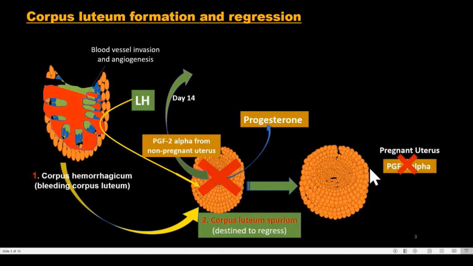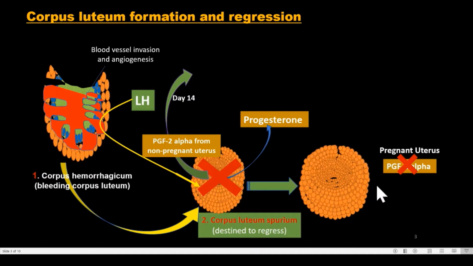The corpus luteum is prevented from destruction if the animal is pregnant. The embryo present in the uterus, and the implantation of the embryo, prevents the uterus from secreting luteolytic PGF2 alpha; the presence of the embryo modulates the synthesis and secretion of PGF2 alpha.